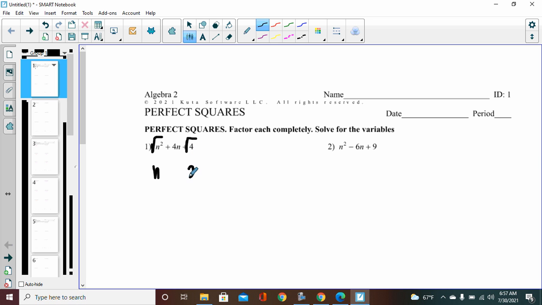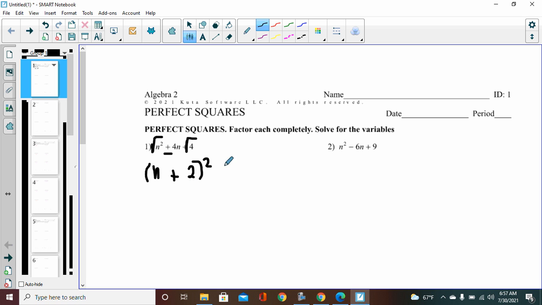Whatever is in the middle, this n term, this operation here, that drops down, okay? And all you do for the answer, you're factoring, is square it. We square the group, all right? That's factoring this group.